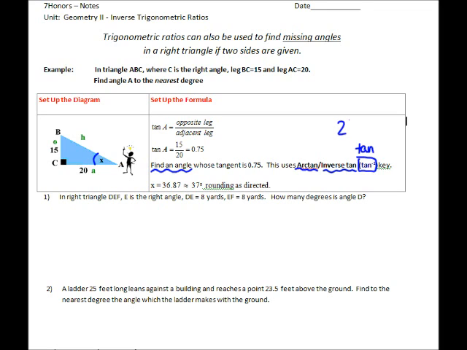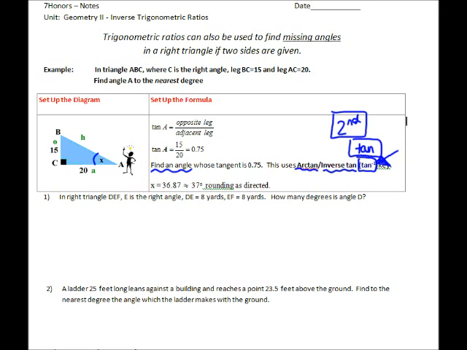And so you will use the second function key to get to that tangent -1 key, okay? You should see a little tan -1 above the tangent button. So you would press second and then tangent, and that's going to give you tangent -1.